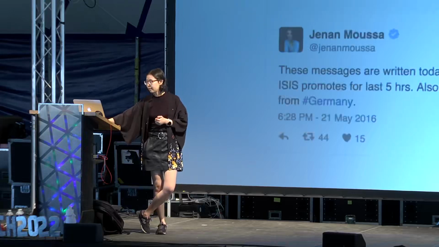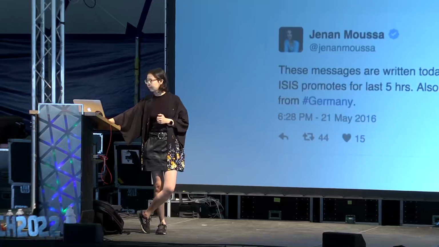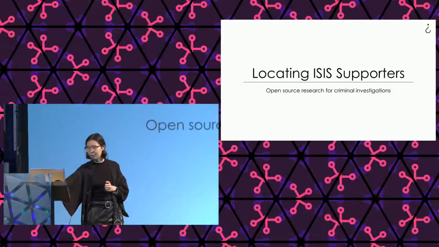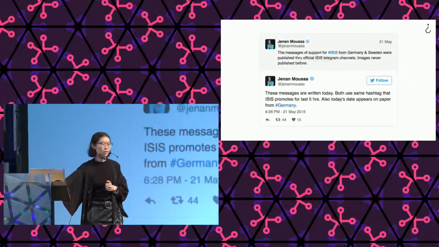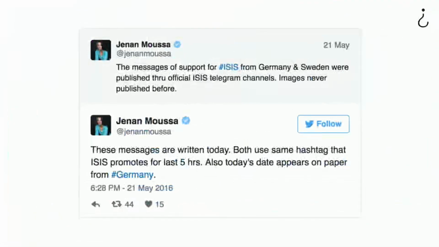Okay. So let's do a quick example, which is called Locating ISIS Supporters. 2016, you might remember there was a huge campaign by ISIS supporters taking photos and saying that they actually live in Europe, they're in this city, and they're not far away, but in Münster, for example, in Paris, to spread terror, okay?